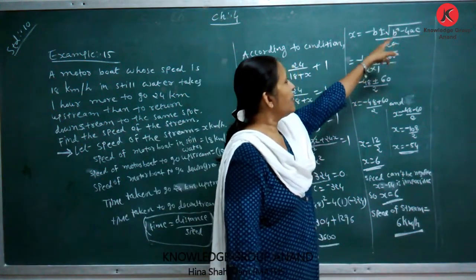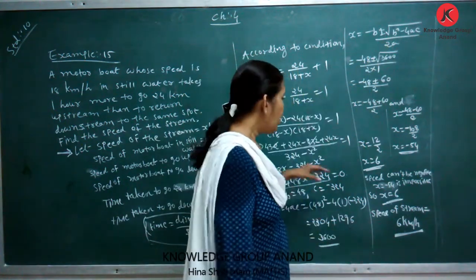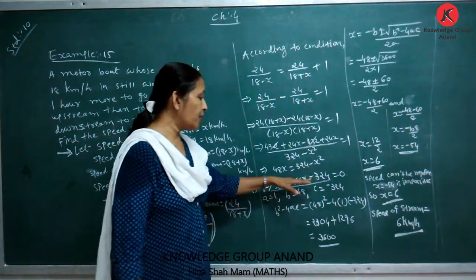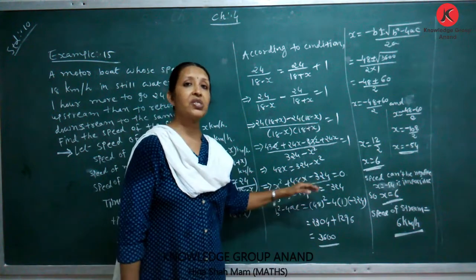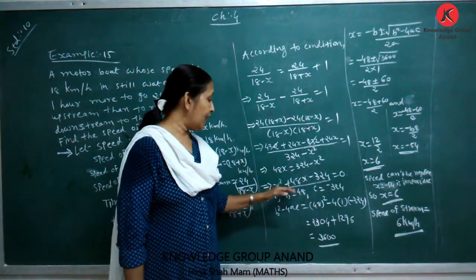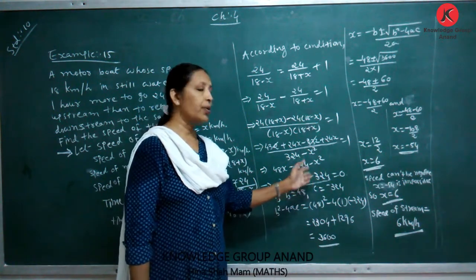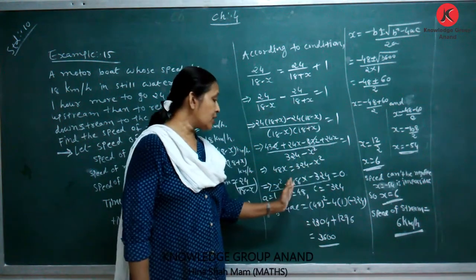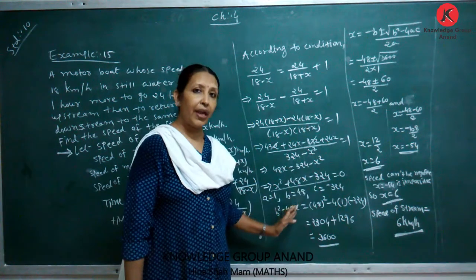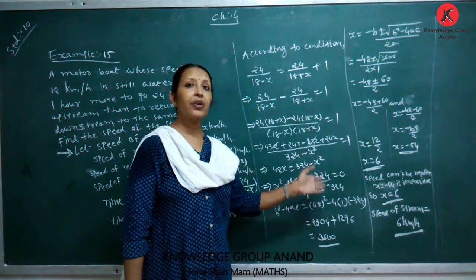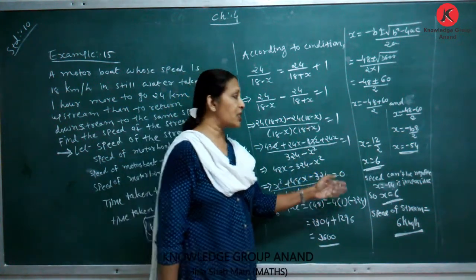Minus b plus minus under root b square minus 4ac. Otherwise, you can factorize here: factors of 324 are 54 and 6. Then x plus 54 and x minus 6 are the factors. x is equal to minus 54 and x is equal to 6.